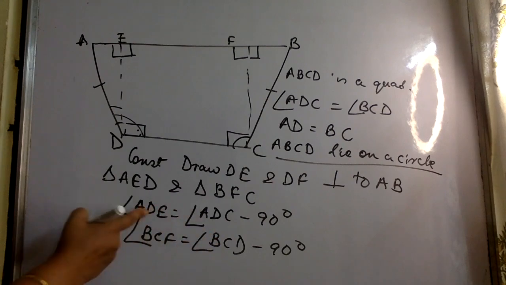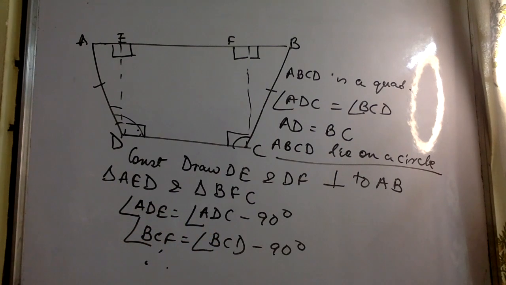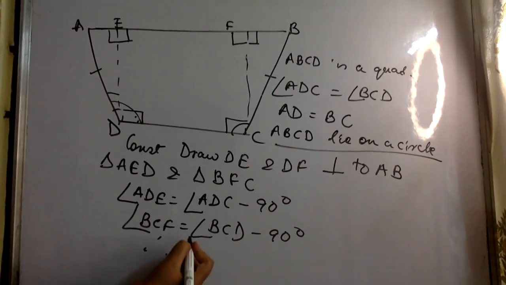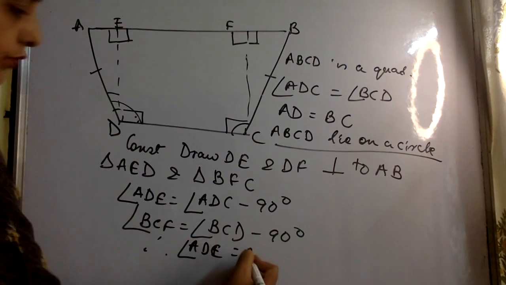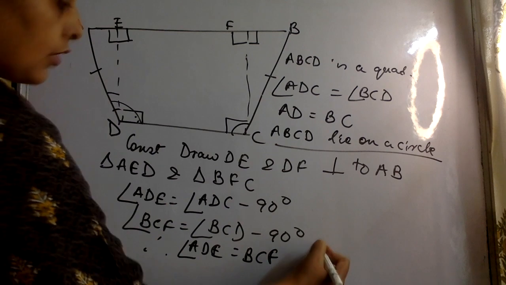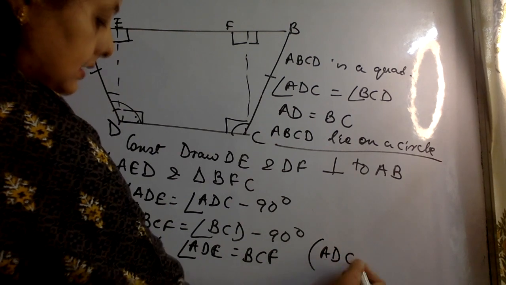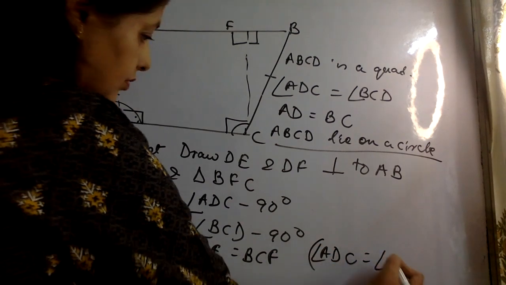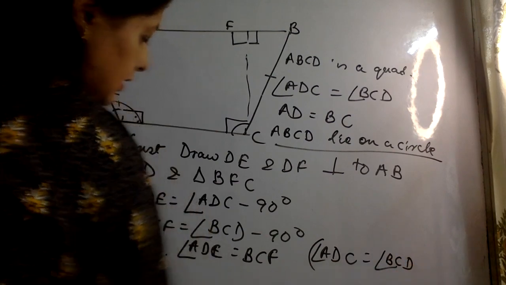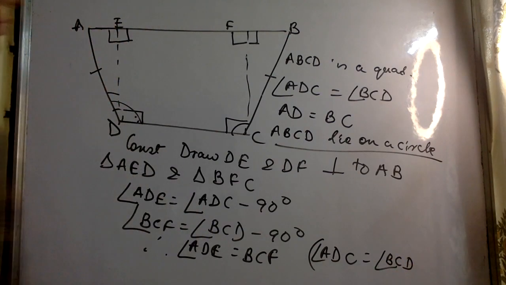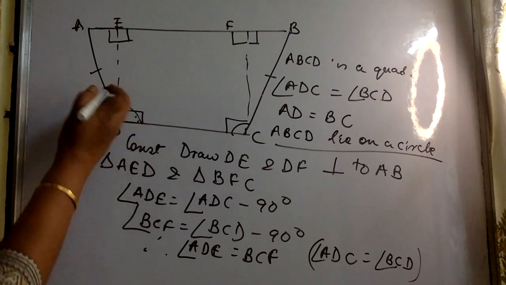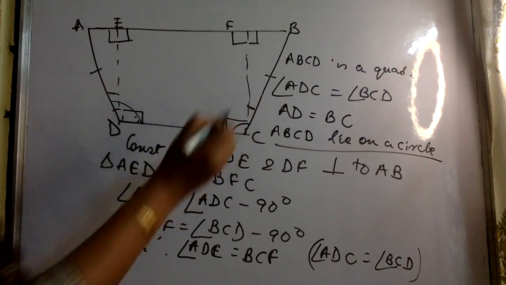Yes, so therefore angle ADE is equal to angle BCF, while ADC is equal to BCD. That is why, these two small angles have become equal.